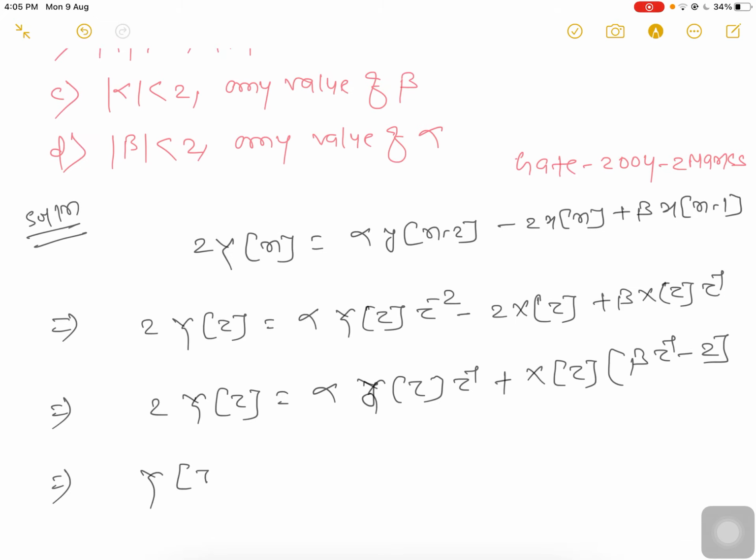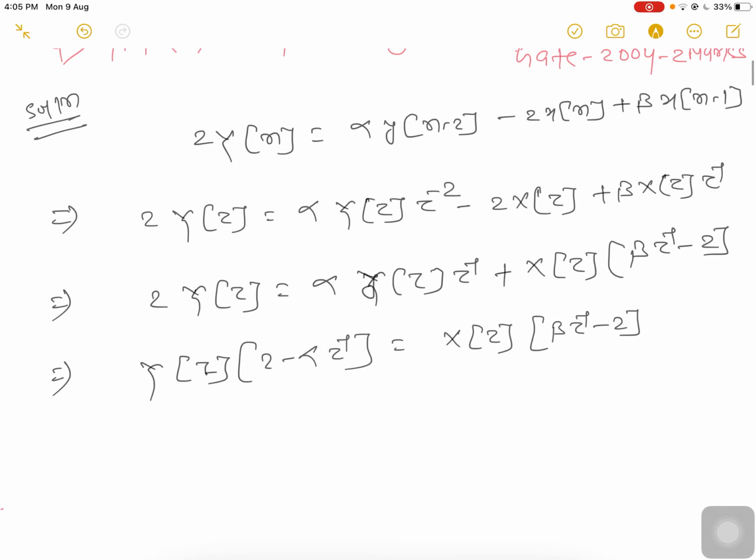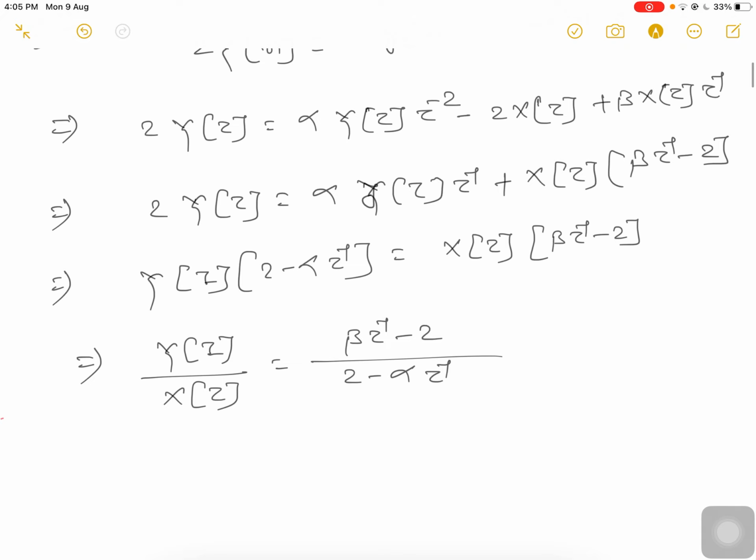Then Y(z) (2 - alpha z^-2) = X(z) (beta z^-1 - 2). So Y(z)/X(z) = (beta z^-1 - 2)/(2 - alpha z^-2). Here is the transfer function, and beta z^-1 minus 2 is the numerator part.